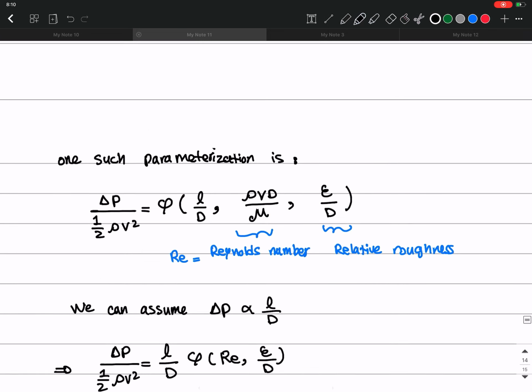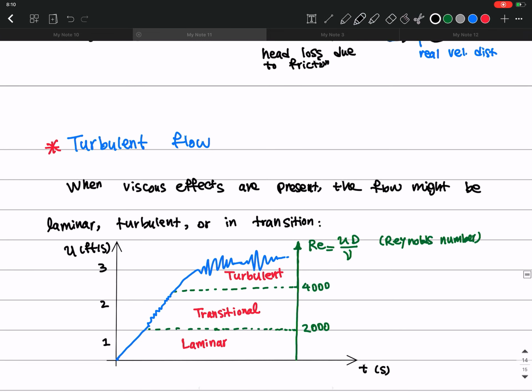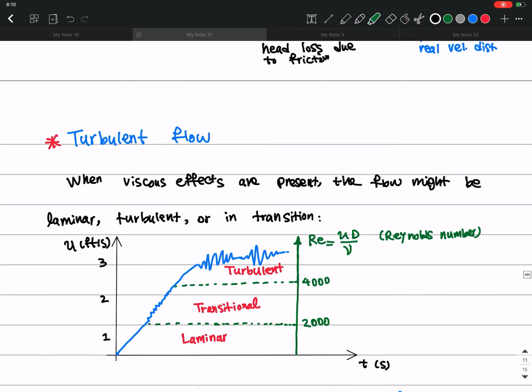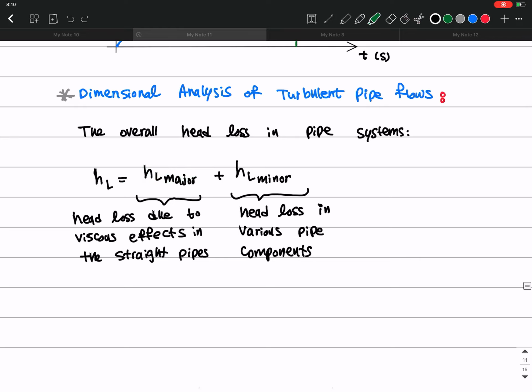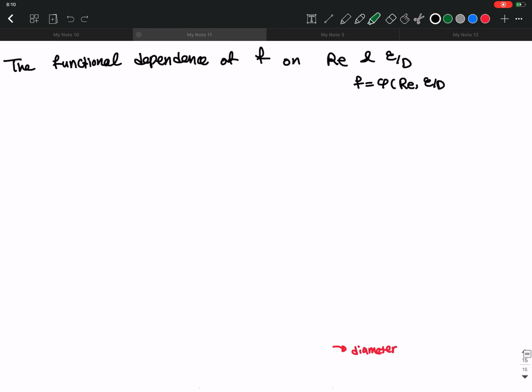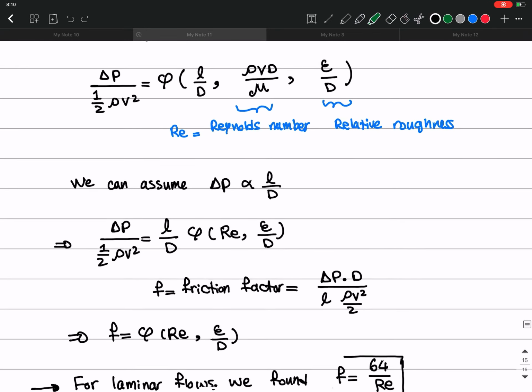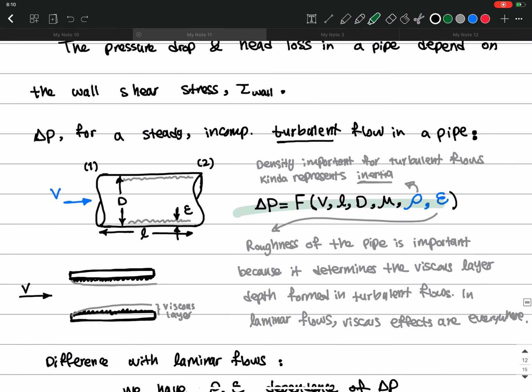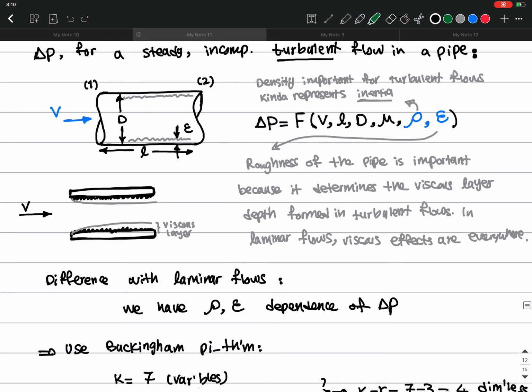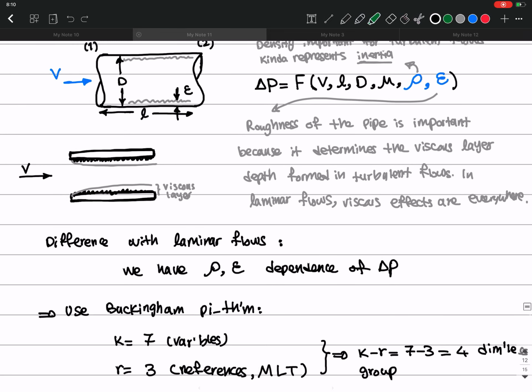Okay, so in a nutshell, what we learned today is we went through the turbulent flows, and then we found these major losses for pipe flows. So we again used dimensional analysis to find the pressure drop in a turbulent pipe flow, and we had two additional variables that we accounted for, rho and epsilon, which are the density of the fluid and the roughness of the pipe.